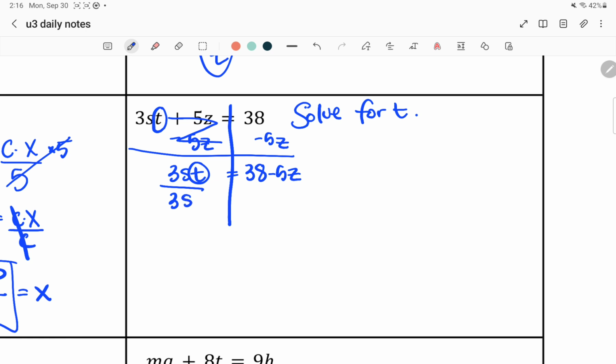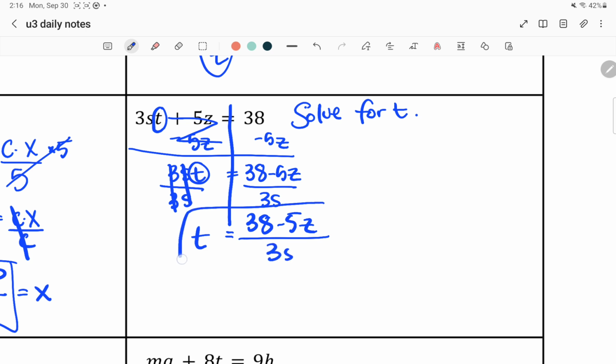So I'm going to do the inverse, and I'm going to divide by 3s. And that's going to cancel out. I'm left with t alone equals 38 minus 5z over 3s. The s is another variable. I can't squish any of this together. So I just leave it there, and I'm done.